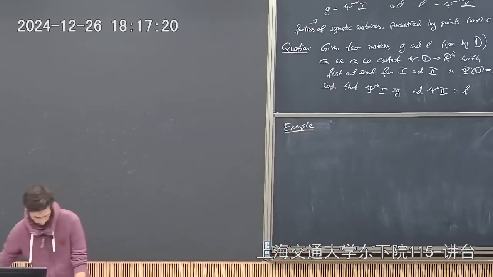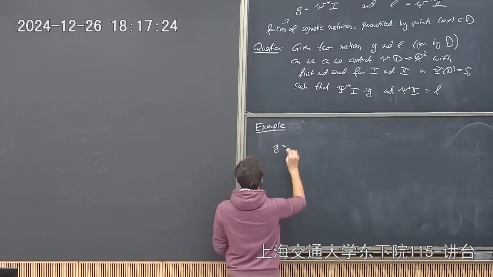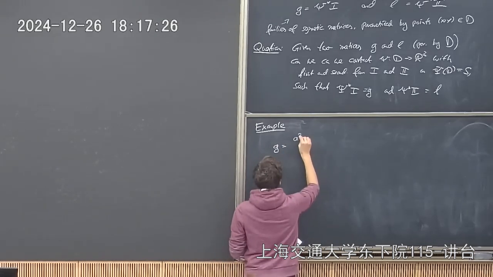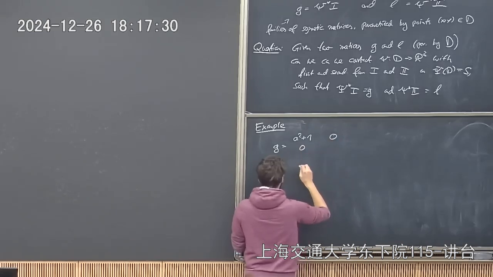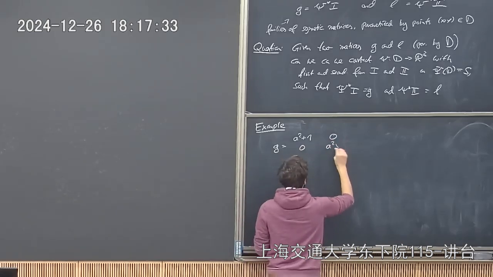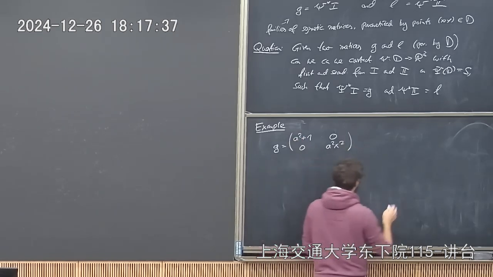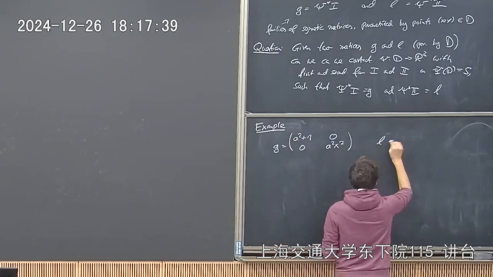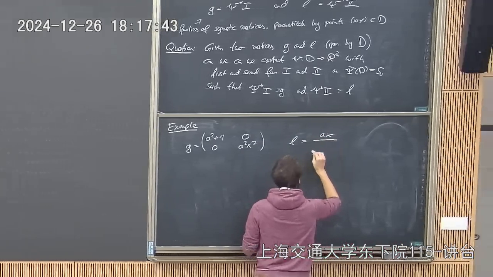The example will be: let's assume that G is given by a squared plus 1, 0, 0, e squared x squared, and L is given by a over x.